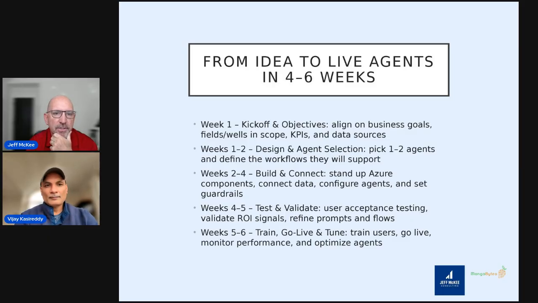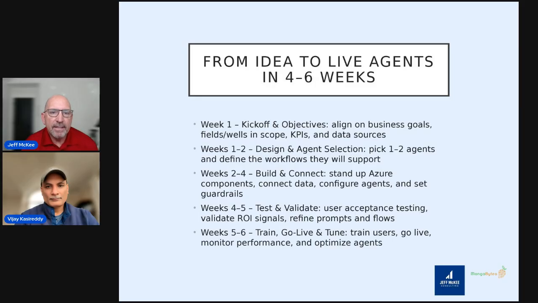because this is a production system. There's a week 1 with a kickoff and objectives, weeks 1 and 2 design agents and selection. You saw the agent builder. There are 30 agents in production, 20 more being developed, and we'll go over 100 agents in the next 12 months. But there may be some agents that certain customers want to custom build, and there's a way to do that rather quickly.